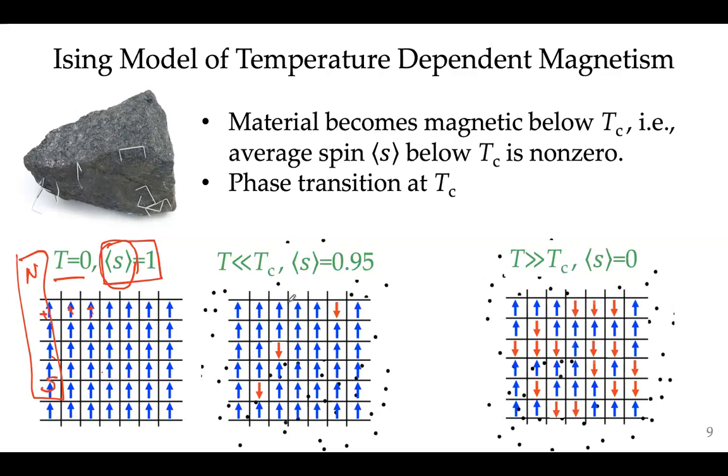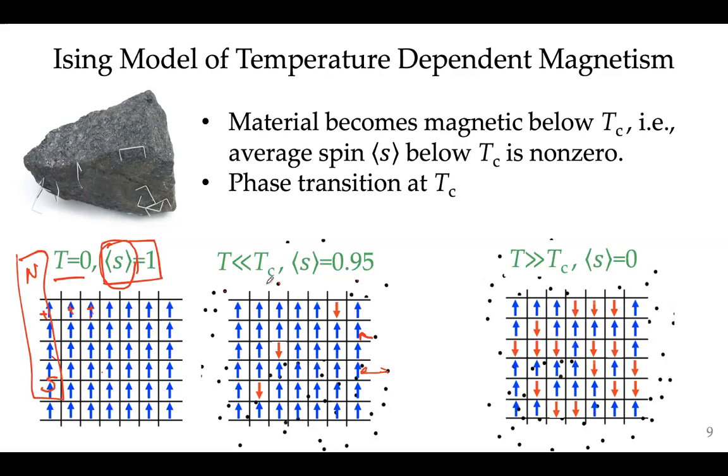Okay, so what happens if you heat it up a little bit? These little particles around the spins represent the heat, or the ambient particles. They will hit these spins and try to randomize them, not flip them in a certain direction, but just randomize them.